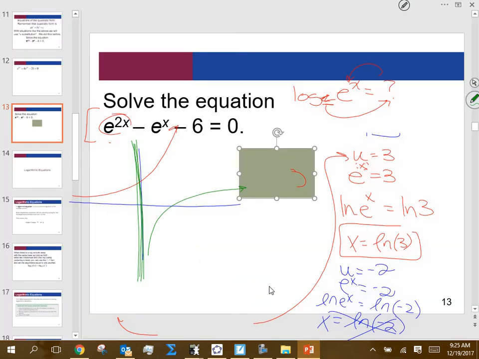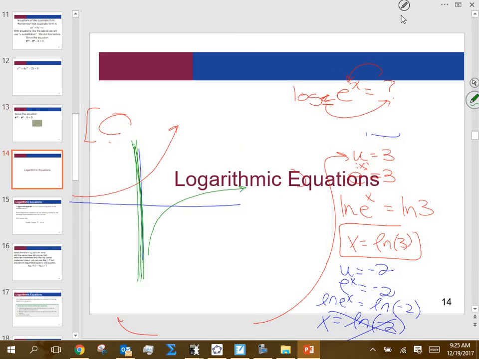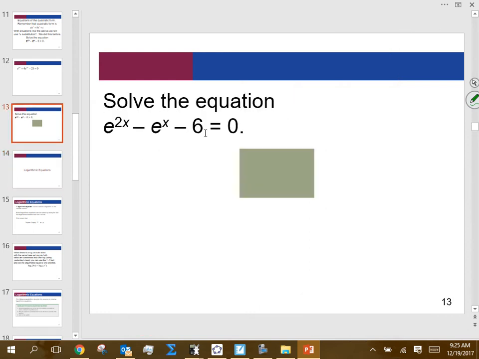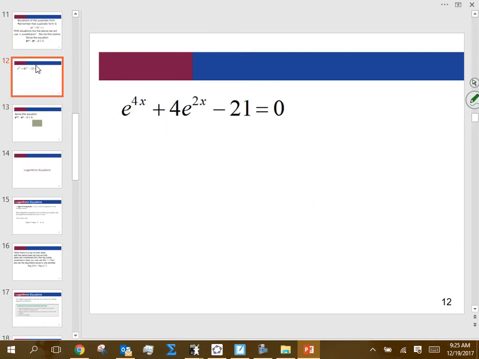Let's see some logarithmic equations. You're going to see, you know, one or two of these in your homework, but they're all the same. Okay, you know, see this one here. Just in this one, what you would probably want to do, and I'll just start you off for this one.